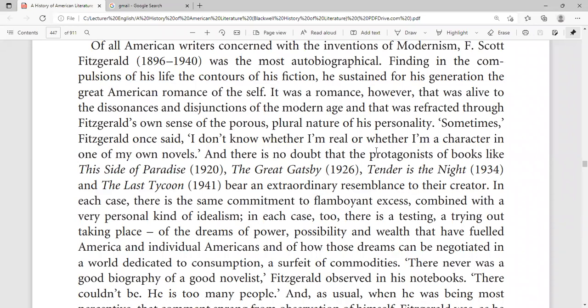But they cannot understand the complexities of that dream, and that dream in a distorted form, in corrupt form, is a target of 20th century literature. I mean, plays of Arthur Miller, plays of Edward Albee, plays of David Mamet, and the novels of Scott Fitzgerald.